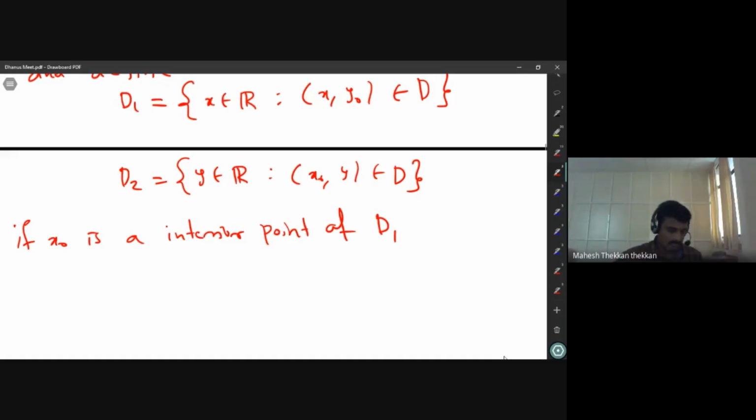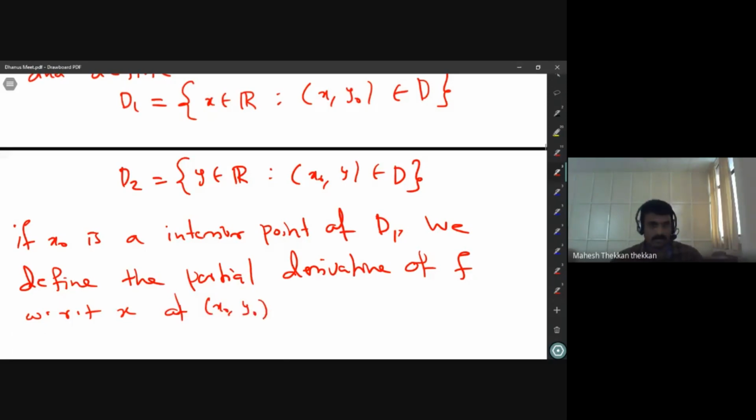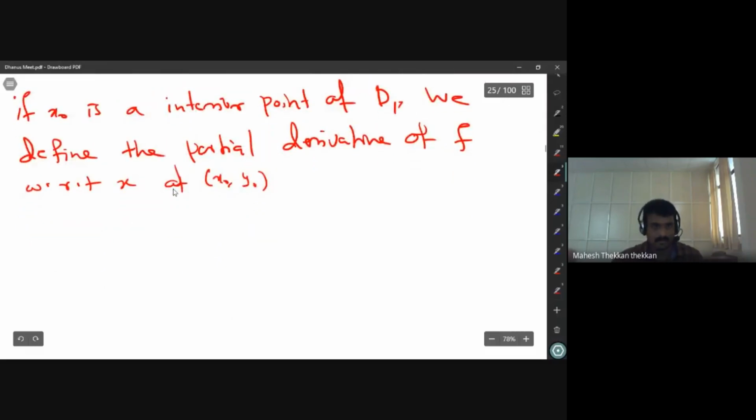We define the partial derivative of f with respect to x at x0, y0 in the following way.